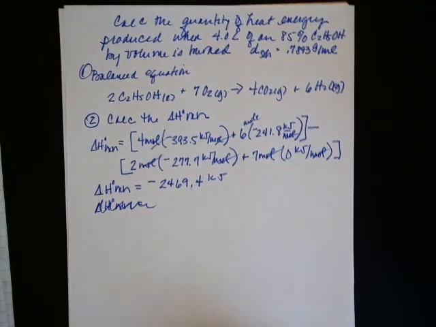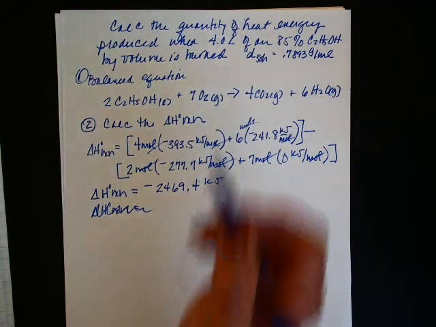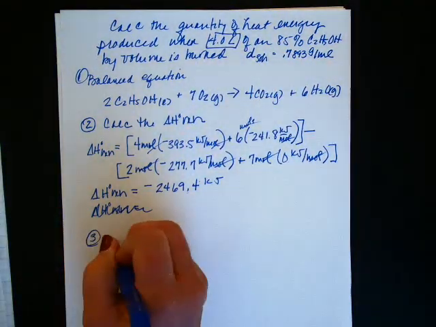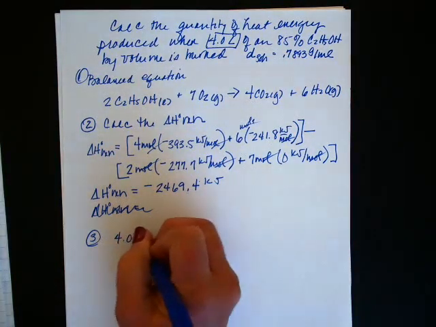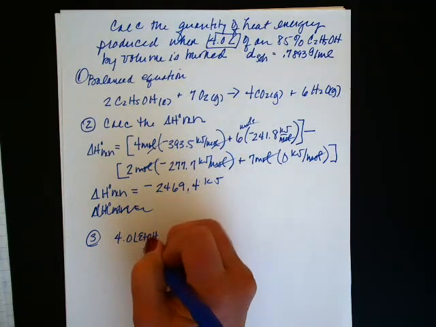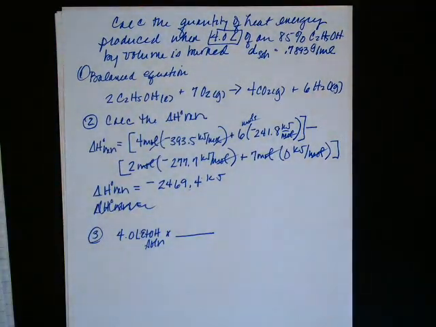I have my given to start with, which is 4 liters of ethanol solution. What can I do here? Am I given a conversion factor?